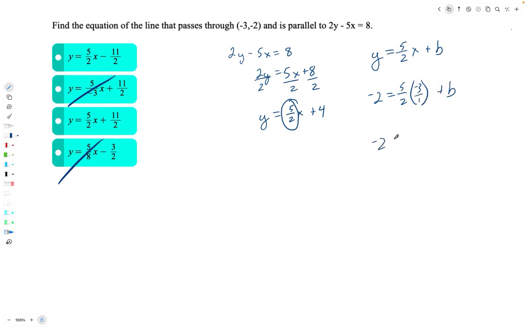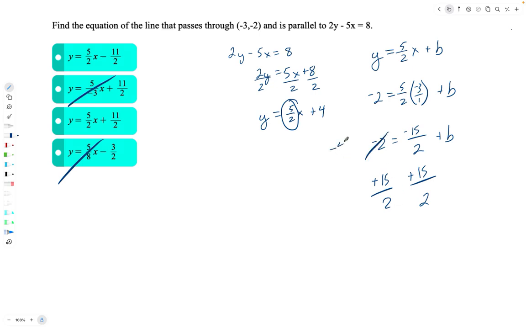So that's going to be negative 2 is equal to negative 15 over 2 plus b. I'm going to add this to both sides because it's negative. Now when I do that, I'm going to turn this into a fraction with the denominator of 2.